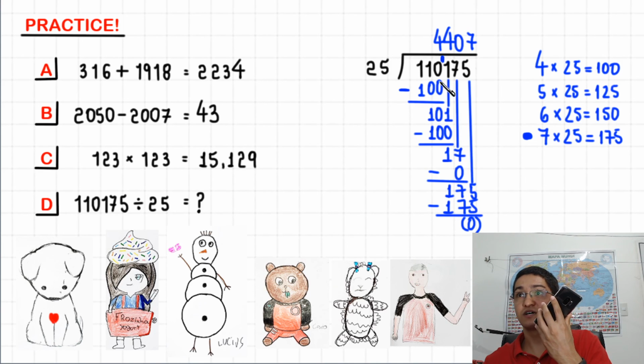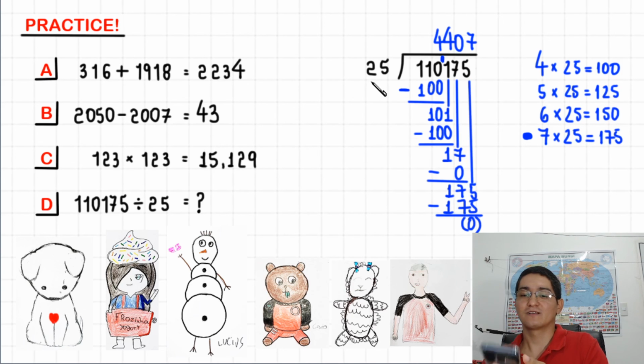What is 110,175 divided by 25? The answer is 4007. Google did not understand me right. Google thought I was saying 100,000. Maybe I forgot to say 110,000. Let me try it again. What is 110,175 divided by 20,000?